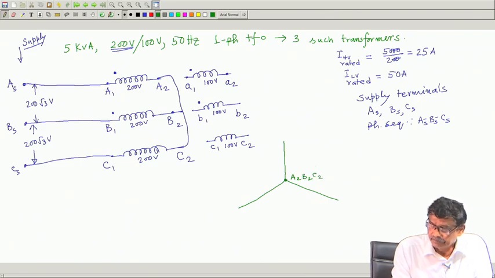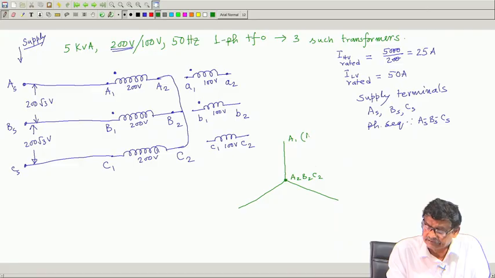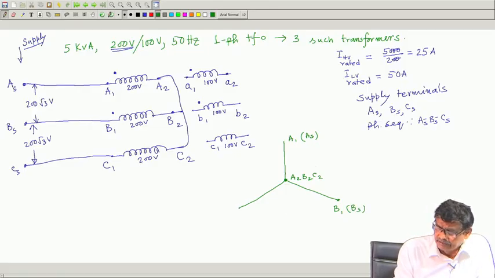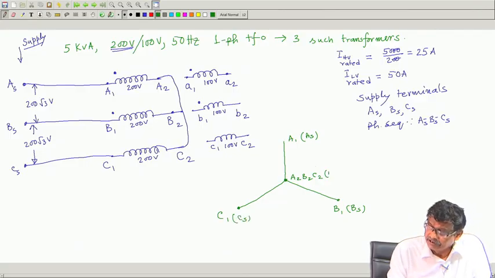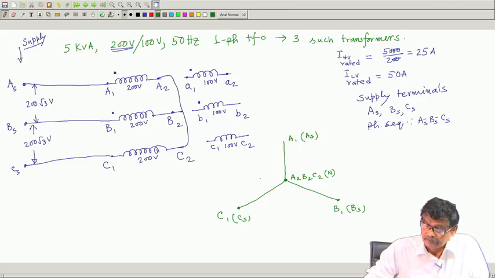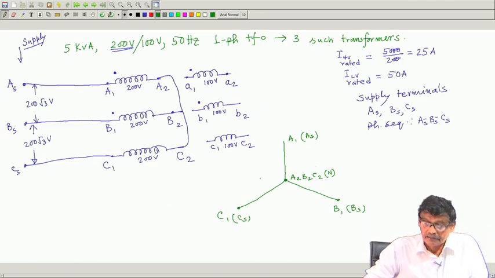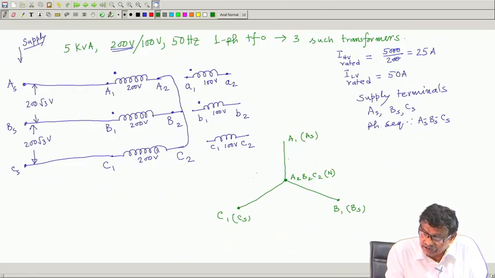They are shorted, they will be at same potential. Let this be called A1, which has been connected to AS. This is same as AS, supply AS. This point is B1, which is connected to supply BS, and this point is C1, which is connected to supply CS. S stands for supply. Therefore, this point is the neutral point, I can say. So, A1A2 is the voltage phasor here. Each length here is 200 volt, that is why this length is 200 root 3 line to line.